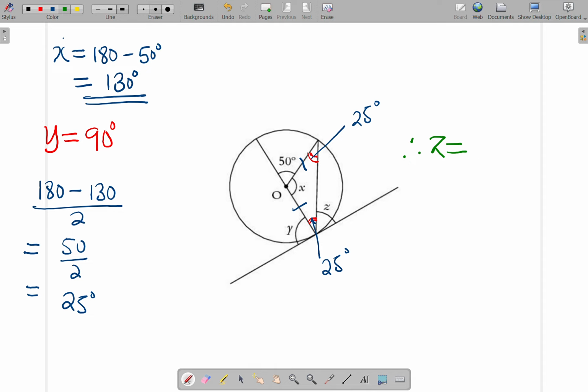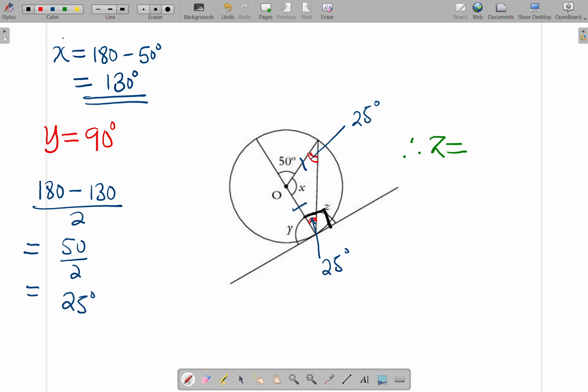Remember, at the point of contact, so this is a point of contact here, point of contact is just there. At this point, we are simply saying this angle here is 90 degrees. I hope you're able to see that.